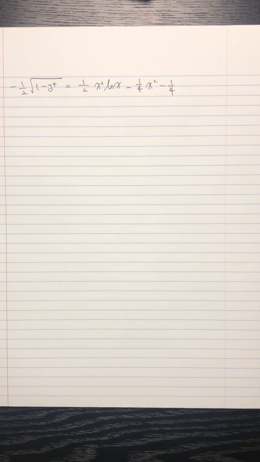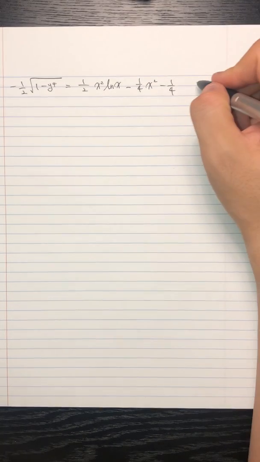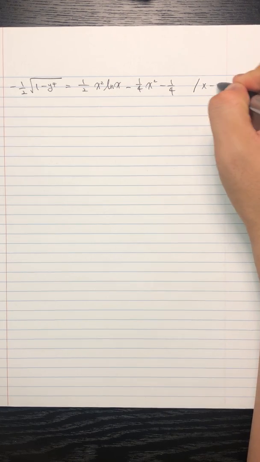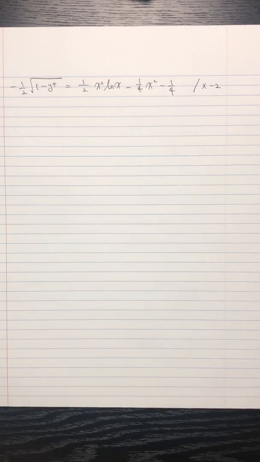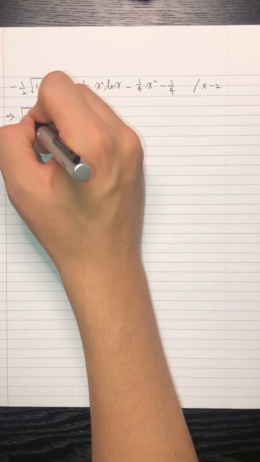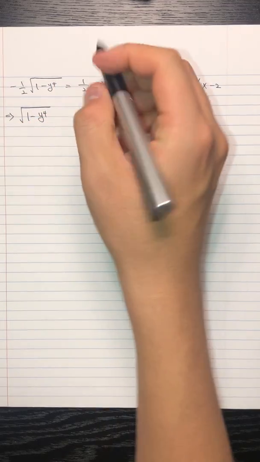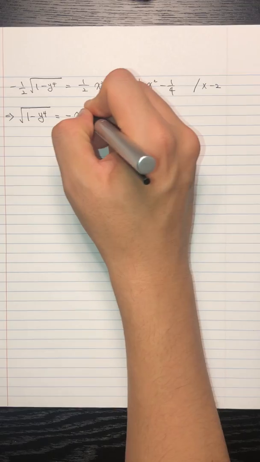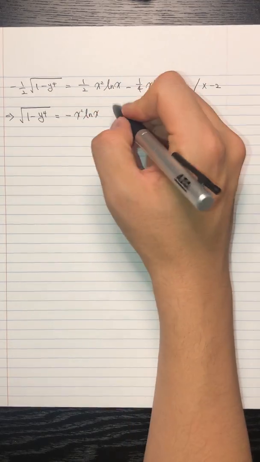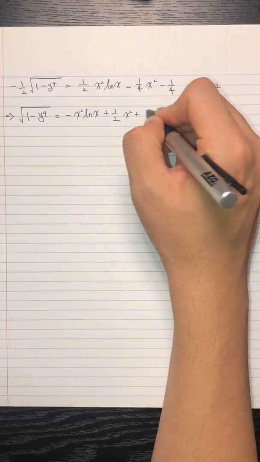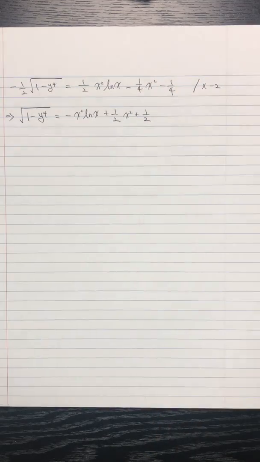In this situation we can multiply negative 2 to the whole equation. So now we get square root of 1 minus y to the fourth power equal to negative x² ln x plus 1/2 x² plus 1/2.